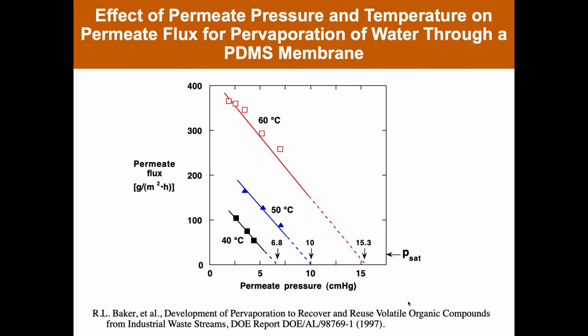So where is that? Think about this. We have liquid water upstream. It's pure liquid water. So what's its thermodynamic activity? 1, okay? Now we have water vapor downstream, and let's say it behaves as an ideal gas.